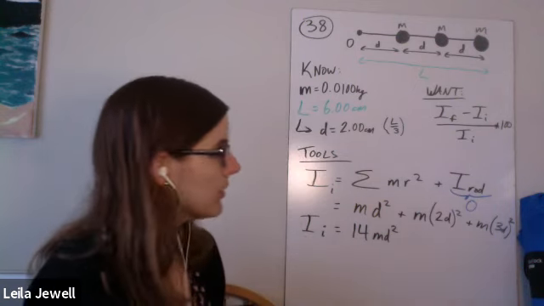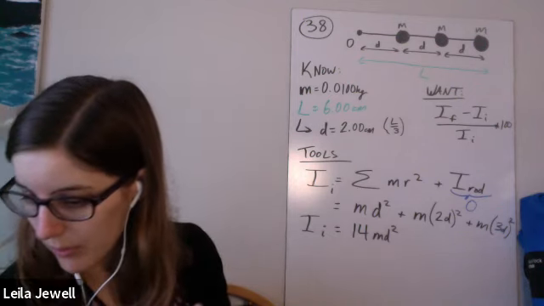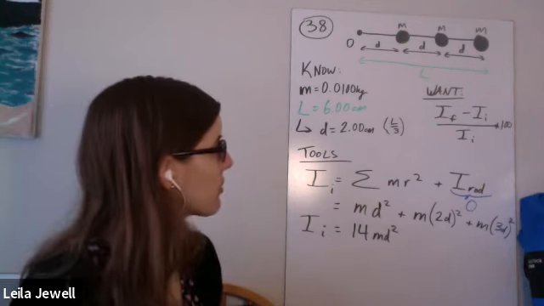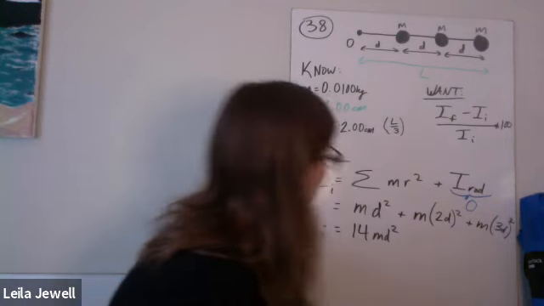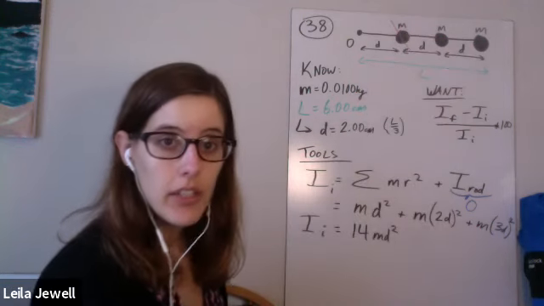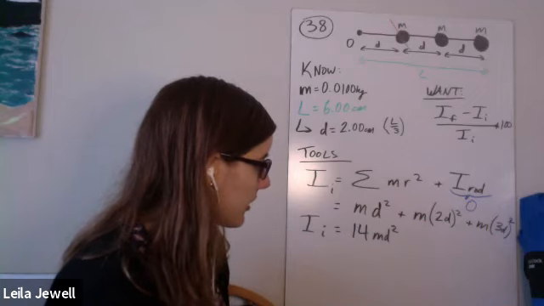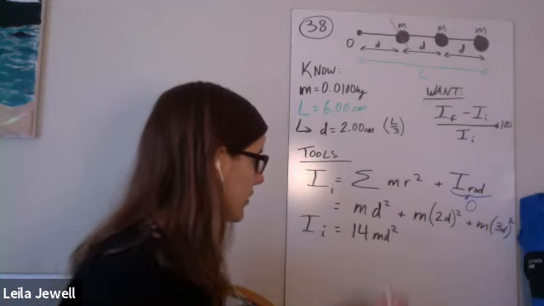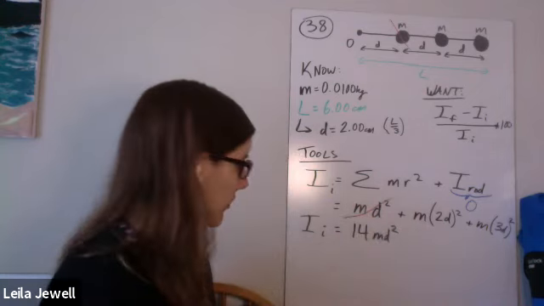Now for the final, it'll depend on which one we remove. So in part A, the innermost one is removed. So going back to our picture, that would be if we took out that first one. And so for calculating the rotational inertia, it's effectively if we just take out this first one from the process.